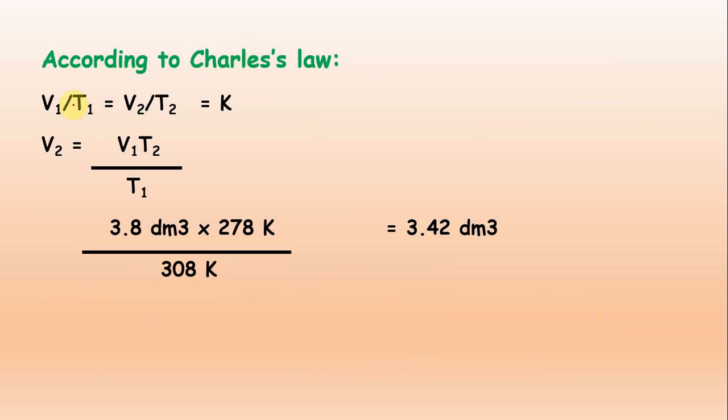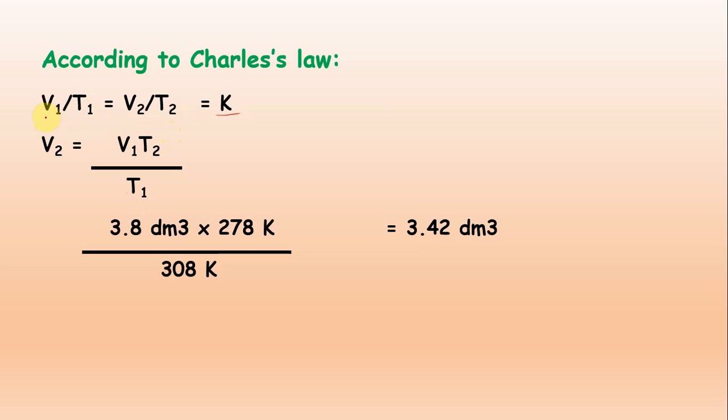So now we have to put these values in the equation. According to Charles' law, V1 divided by T1 is equal to V2 divided by T2 is equal to K, constant. So if V2 is being asked, we will write V2 here, then V1 and T2 will be here, and T1 will be on this side.